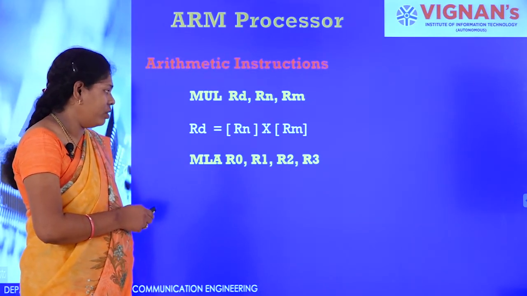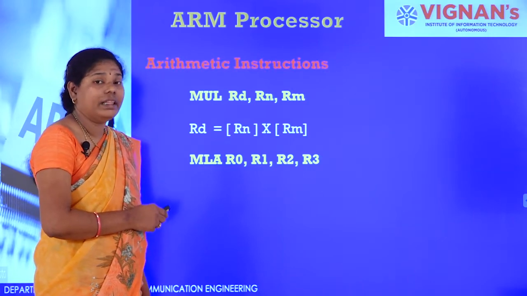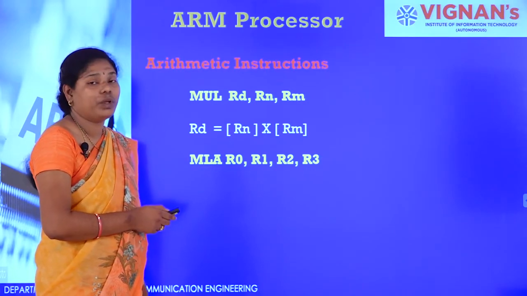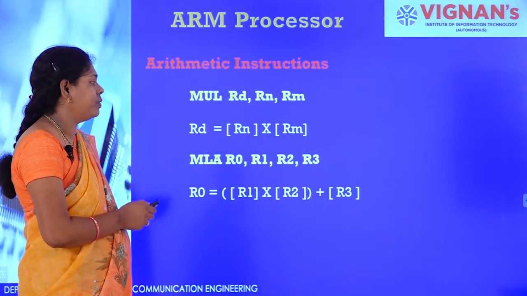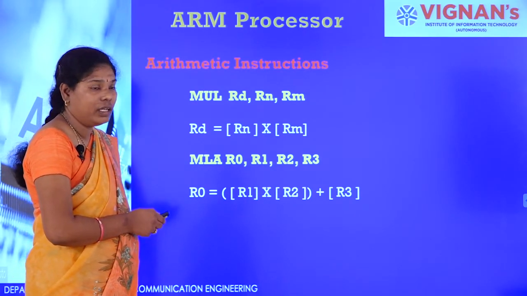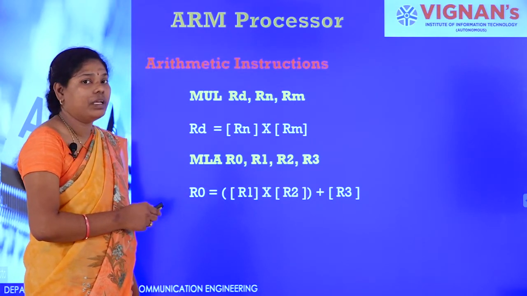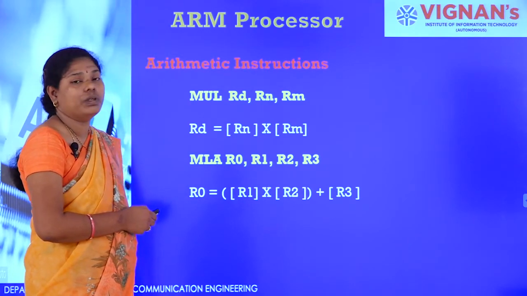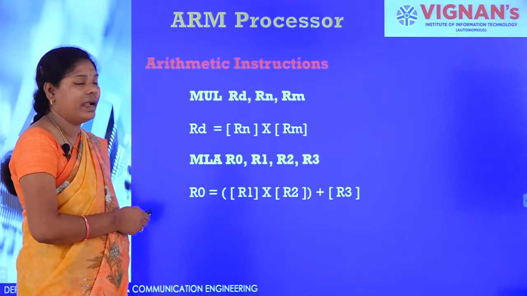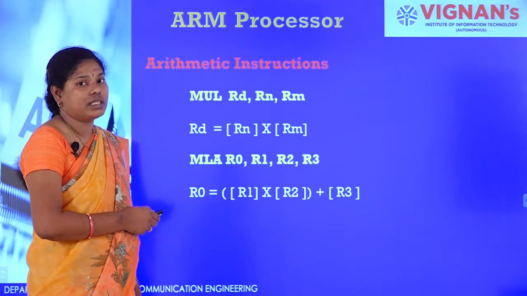R0 is the destination, R1 and R2 will be multiplied and the last register will be added. R0 equals the content of R1 multiplied with the content of R2, and the product will be added to the content of R3 and the sum will be copied to R0. Multiply and accumulate is basically used in digital signal processing.